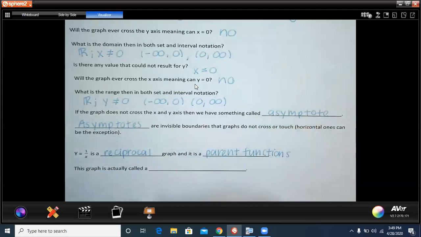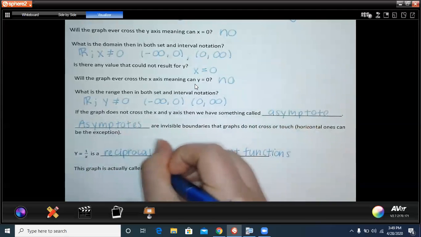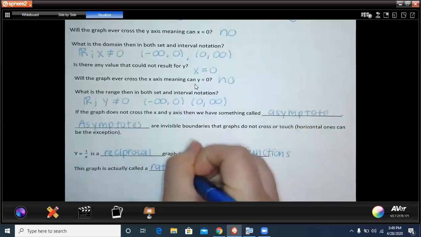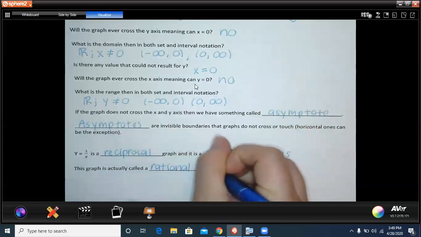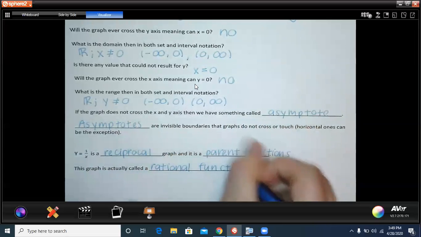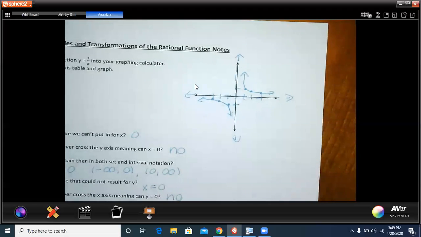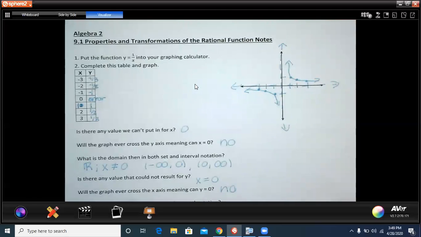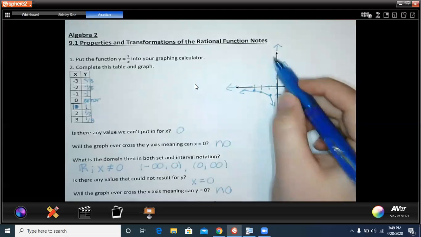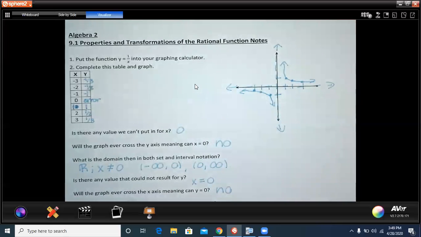And this graph is actually called a rational function. All right, so now we know that this is what the parent function looks like. It has these points, and it has a vertical and horizontal asymptote.